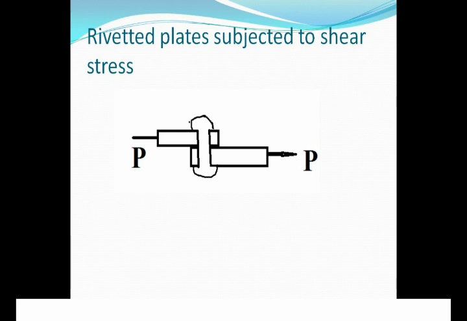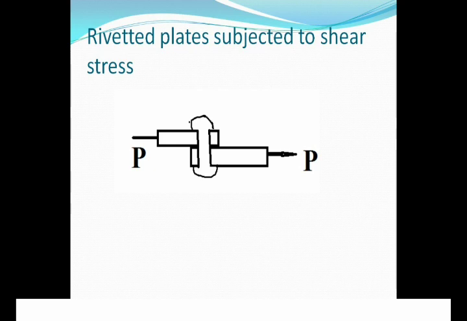Here also the shear stress is denoted by tau, which is equal to P by A, where P is the applied force and A is the area. Now here A is not the cross sectional area, it is the projected area. We have to see what is the area on which the force is acting.